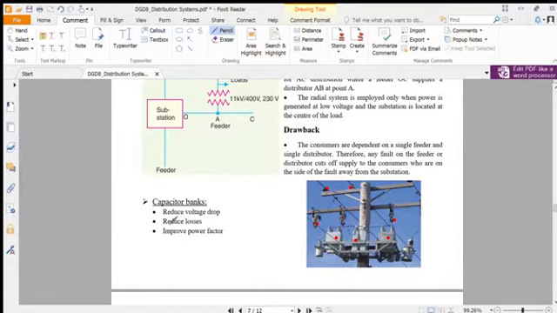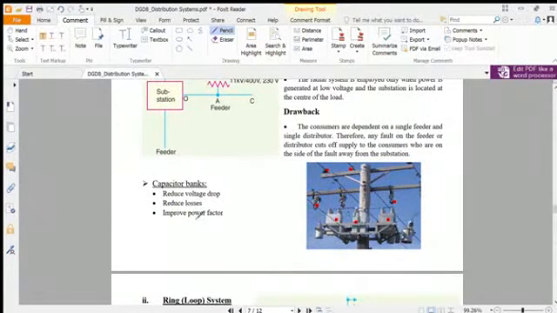We use the capacitor bank for improvement of power factor because it supplies negative reactive power that minimizes the inductive load reactance effect, and it also reduces the I squared R losses. For a long transmission line there is R and inductive reactance, and XC minimizes the effect of XL, the inductive reactance, and reduces the voltage drop, I mean the voltage regulation, as well.